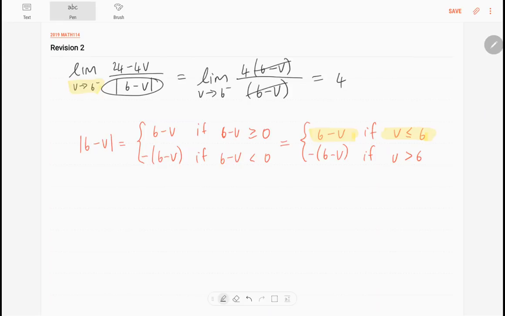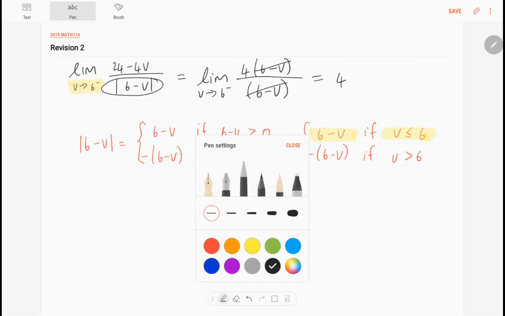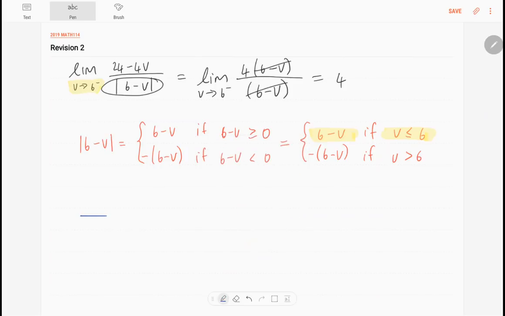Just note that if we had to look at the limit as v approaches 6, so it doesn't specify it approaches 6 from the left or the right, then you have to work out the limit as v approaches 6 from the left and the limit as v approaches 6 from the right.